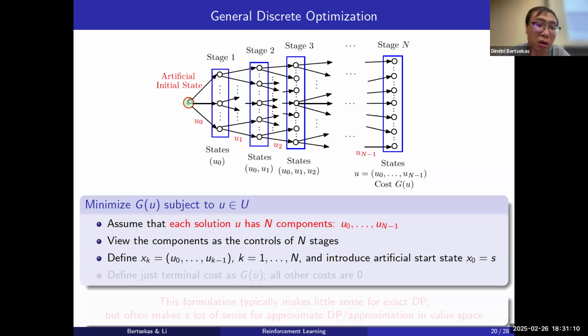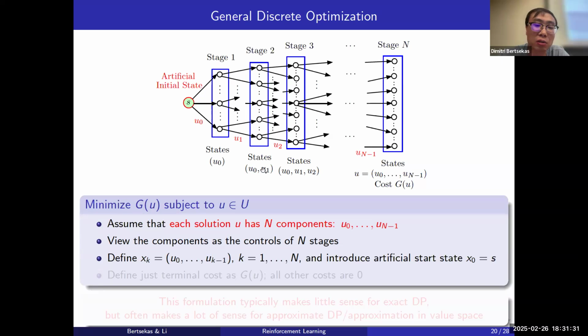Starting from this artificial state, we apply u0, and we get to a state which is composed of only u0. Then you apply u1 and get to a new state, which is the pair u0, u1, and so on.